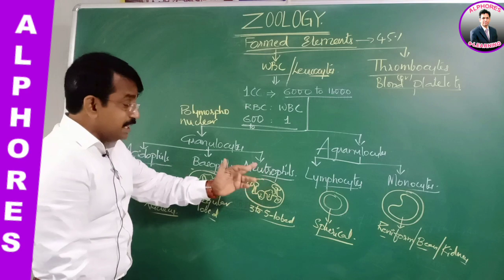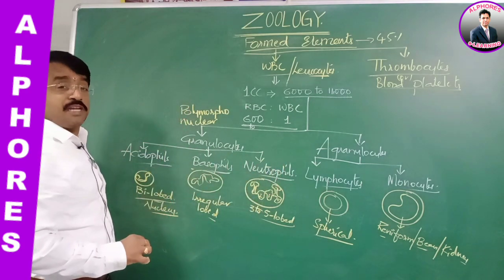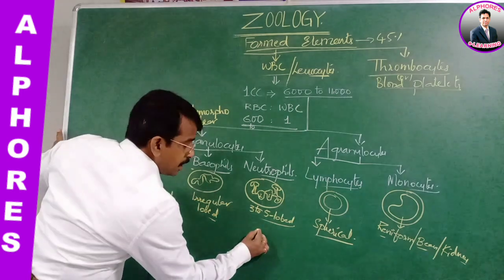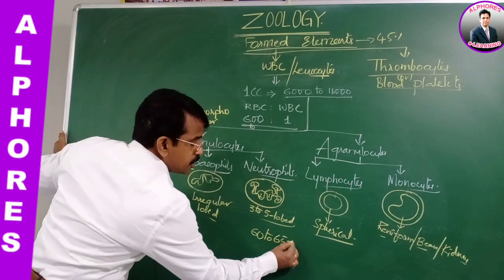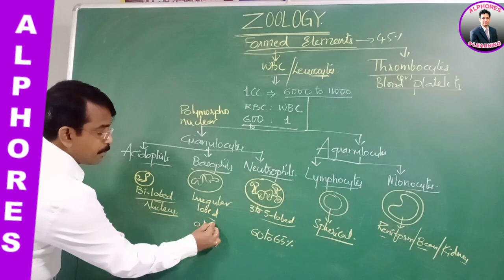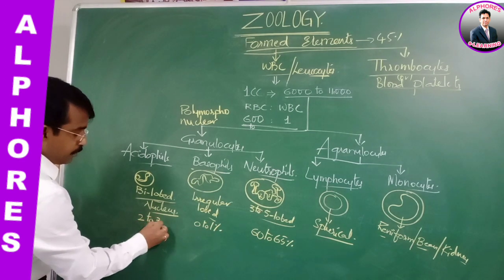Is it right? That's because they are much more in percentage, a large percentage. In fact, the neutrophils are 60 to 65%. Basophils are 0 to 1%. Acidophils are 2 to 3%.